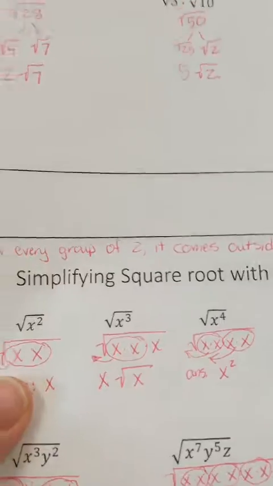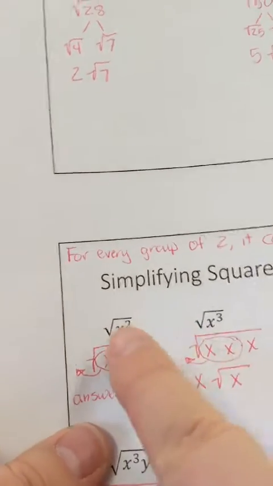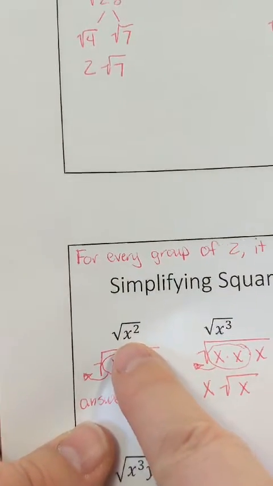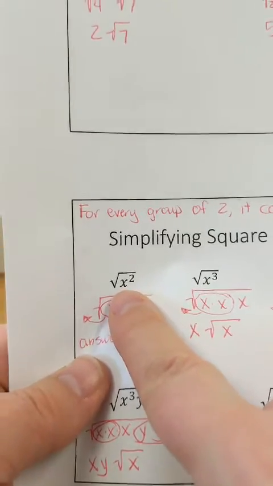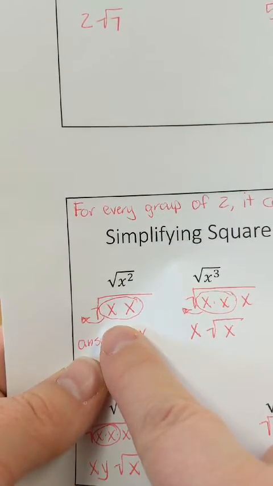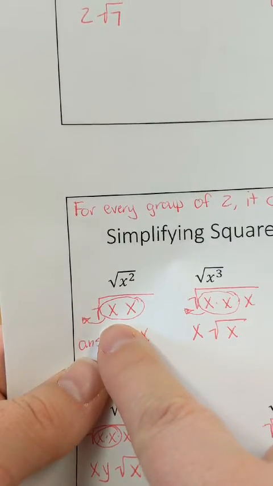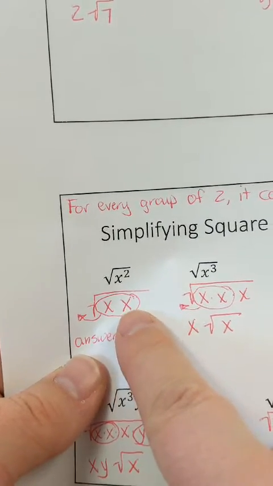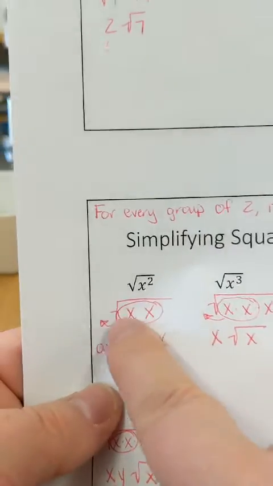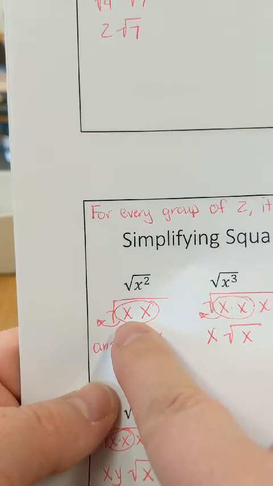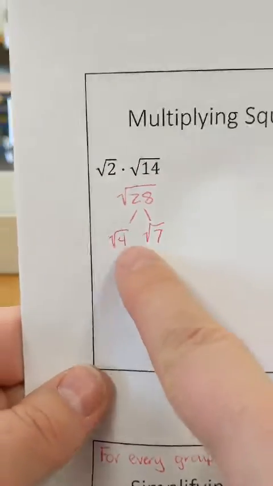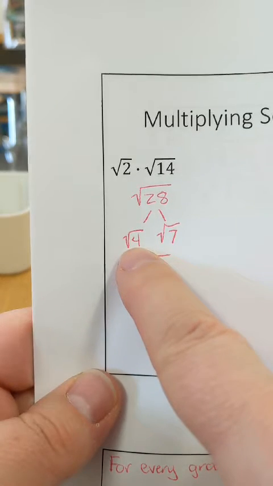Okay, then we have things like this. So the square root of x squared can be written like this. And in order for something to come outside, you have to have 2 of it. So like up here, 4 could have been written as 2 times 2.